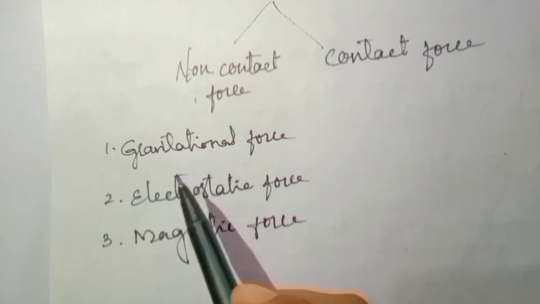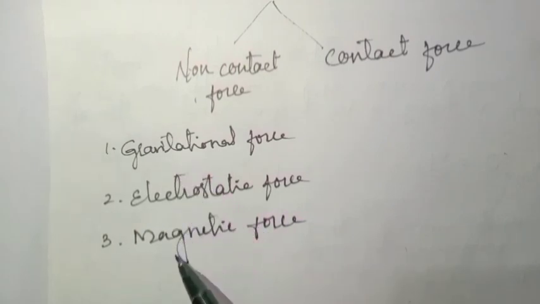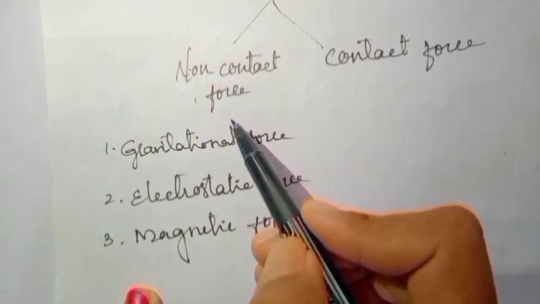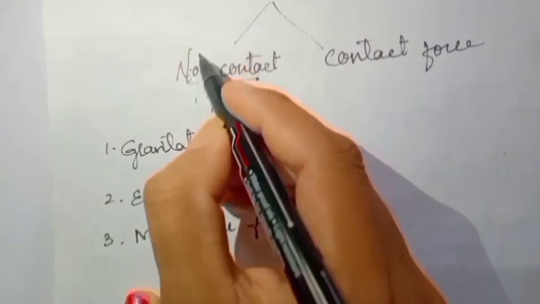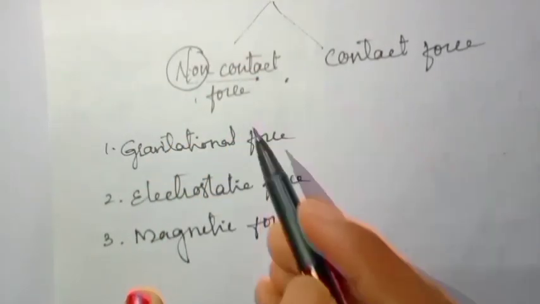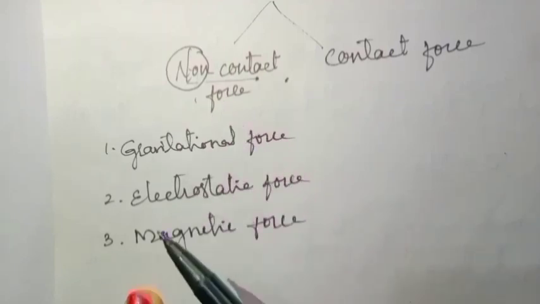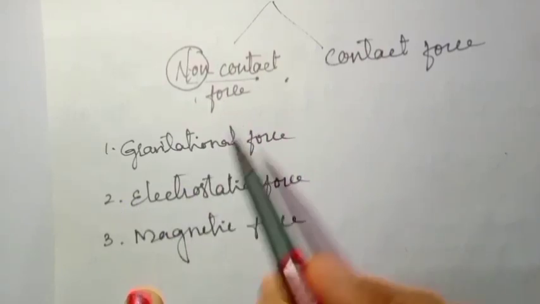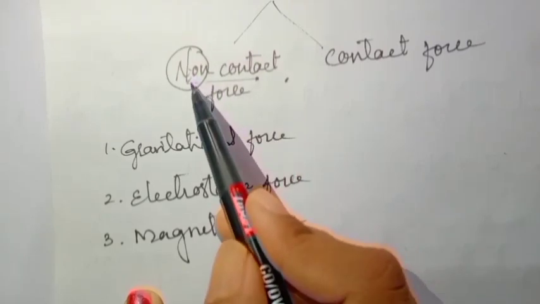So gravitational force, electrostatic force and magnetic force are non-contact forces. The name itself indicates non-contact, meaning the forces coming into play are not in contact. Such kinds of forces are called non-contact forces.